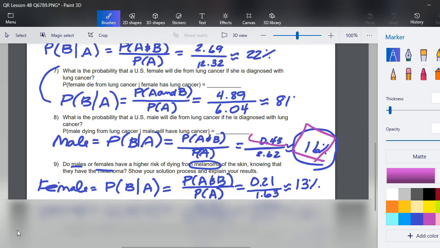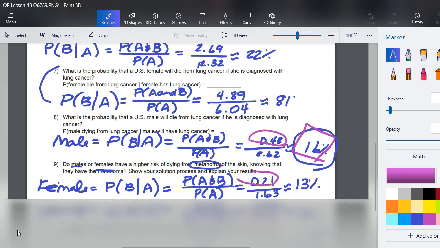Right here, the probability of someone being male and getting melanoma cancer is less than 1%. It's like less than 0.5%. But if a male does get melanoma, then their chance of dying from it goes all the way up to 16%. You can talk about going this direction.